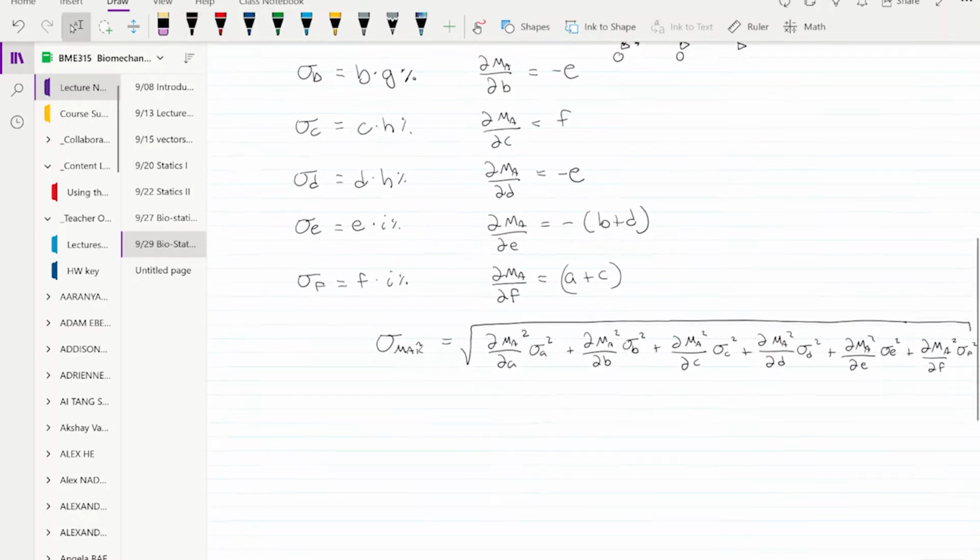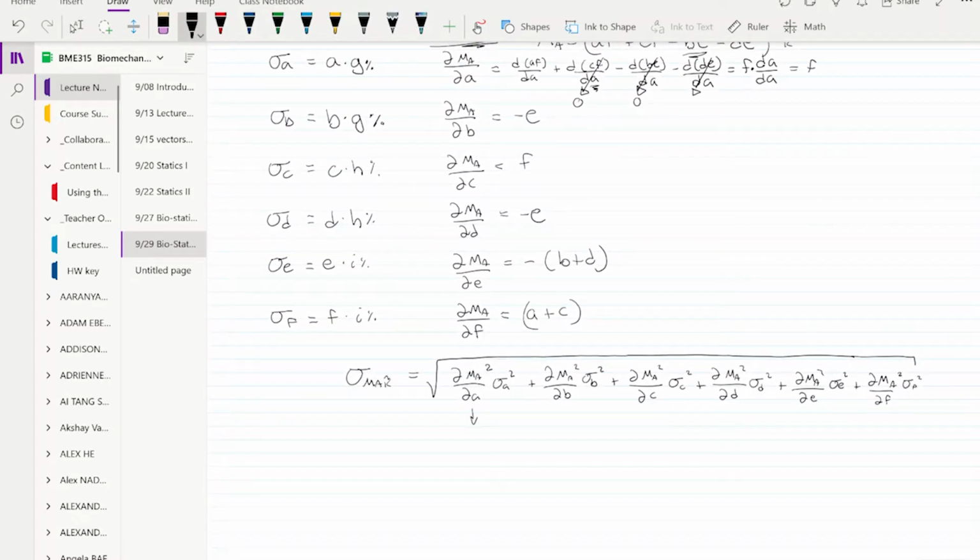Okay, so let's just go plug and chug it, right? This one, partial MA over partial A is going to be F. So that's F squared, sigma A is A times G percent, squared. What's this one? B. B gives us negative E, but it's all squared, so we don't have to write that, right?